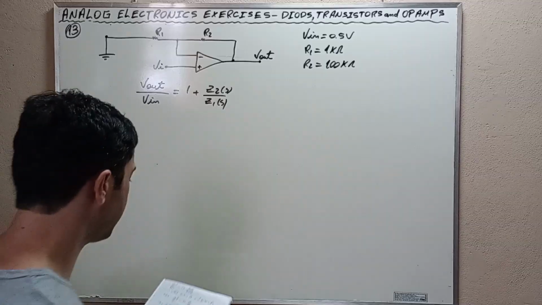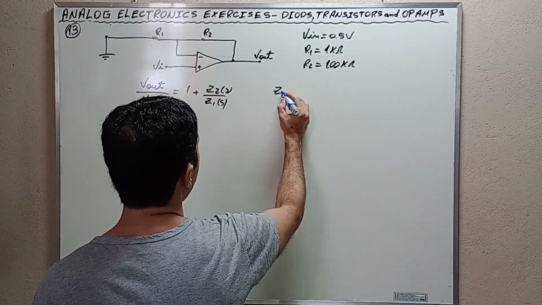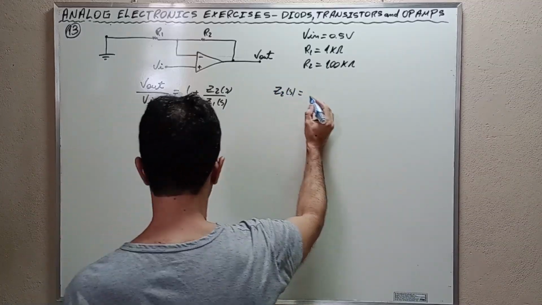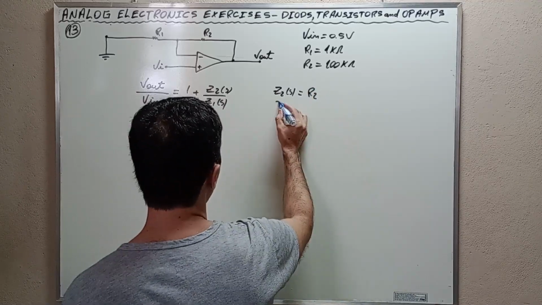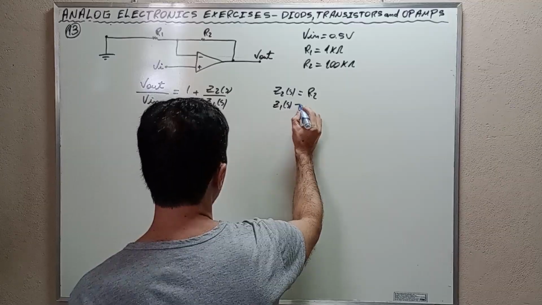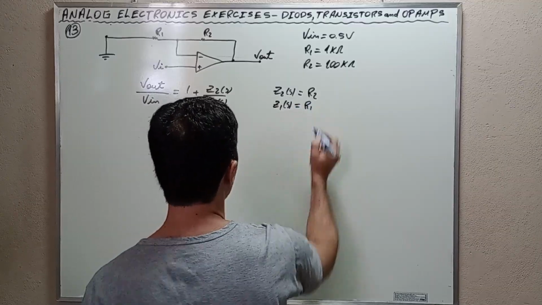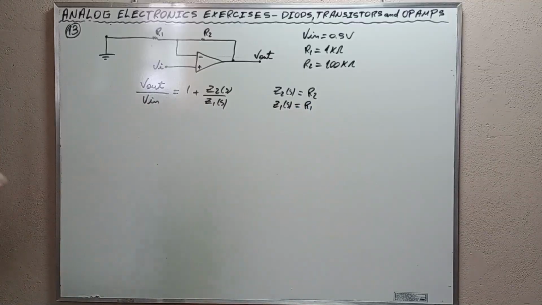And in this case, Z2 of S is equal to R2 and Z1 of S is equal to R1.